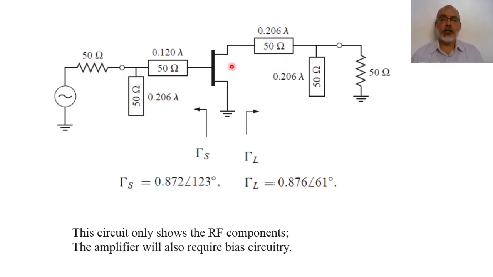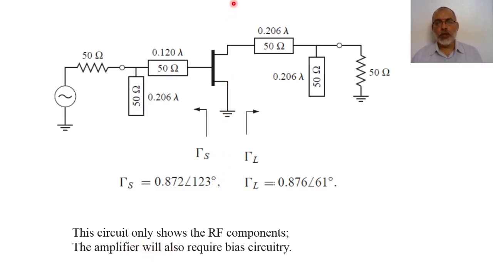It should be noted here, this is the RF part of the transistor amplifier, but still we need a biasing network circuit. This circuit only shows the RF components. The amplifier will still require a biasing circuit.